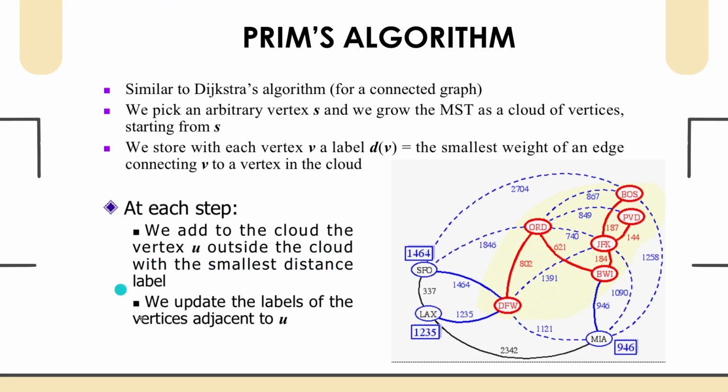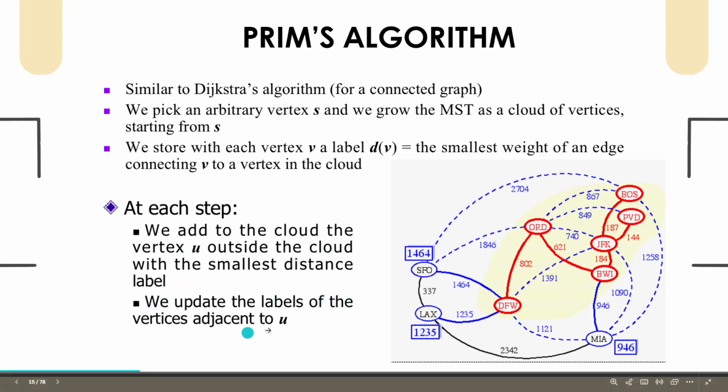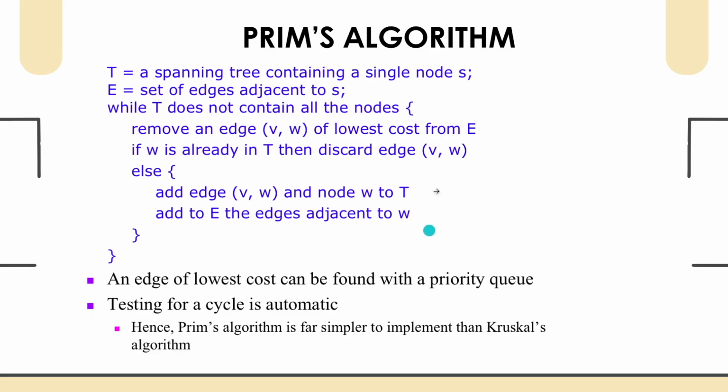If we are able to find one such vertex, then we will be updating the labels of the vertices adjacent to u. So, after adding this new vertex onto the cloud, we will be adding those edges that are reachable from the newly added vertex, and then we will try to find the minimal from that. In such a way, we will keep on proceeding. So, this is the actual Prim's algorithm.